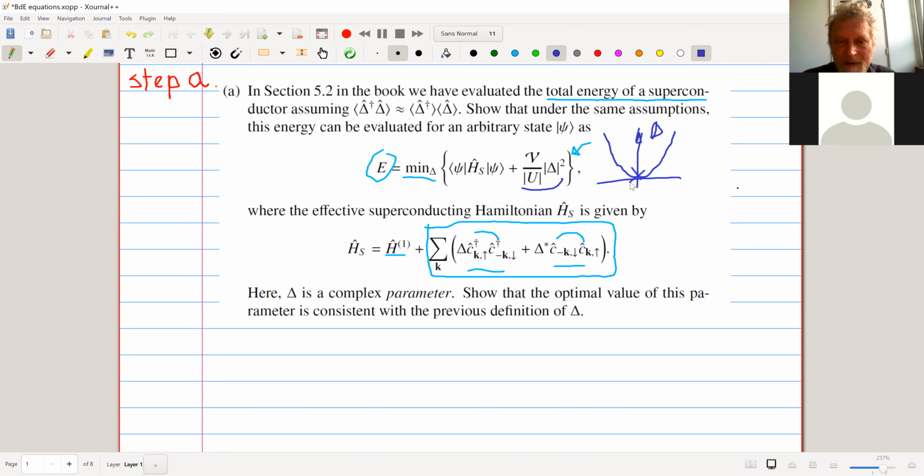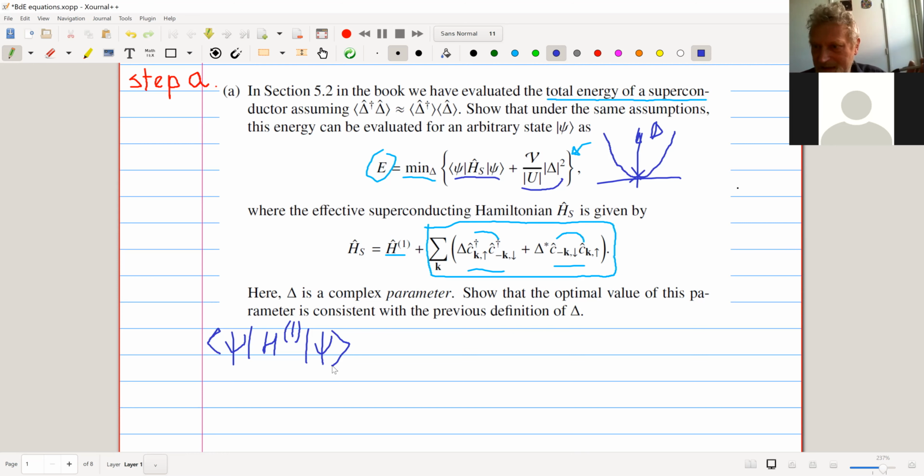Then let me look here. This term has two contributions. There's a contribution from H1, and that we don't touch because it doesn't depend on delta.